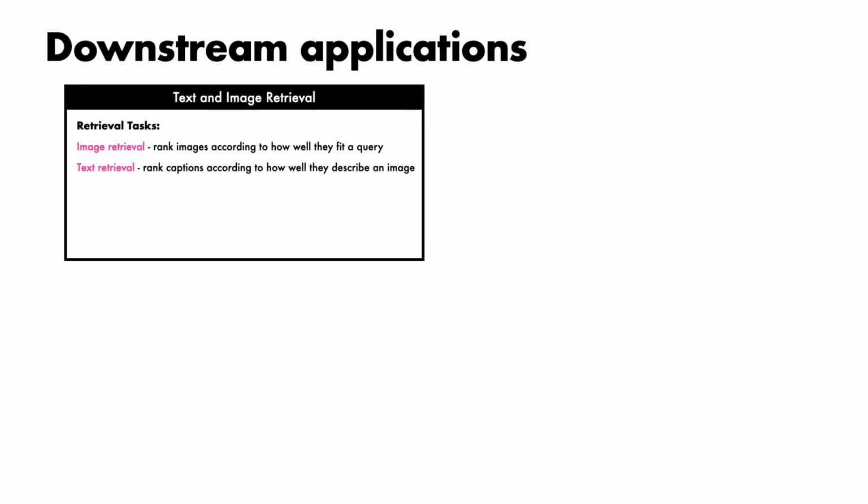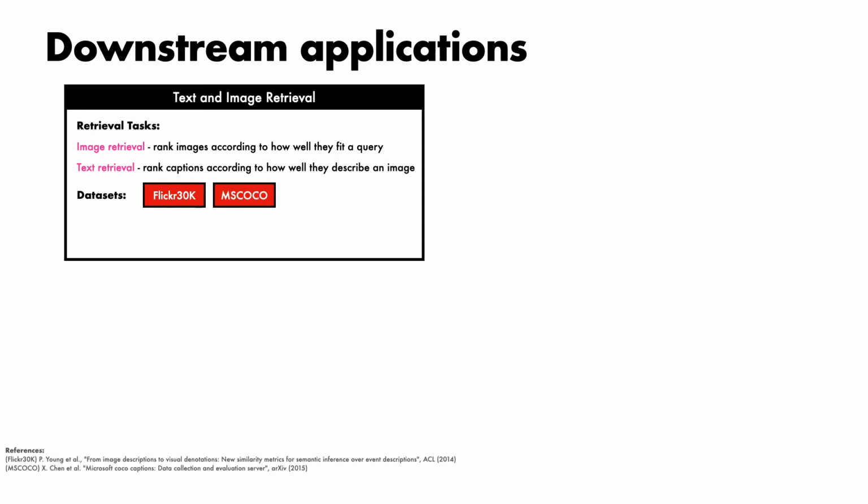CLIP is evaluated on two standard datasets, Flickr30K and MS COCO captions. The results show that CLIP achieves equal or better zero-shot retrieval than prior work. CLIP is a little behind the state-of-the-art retrieval methods fine-tuned on the MS COCO dataset, but overall solid.